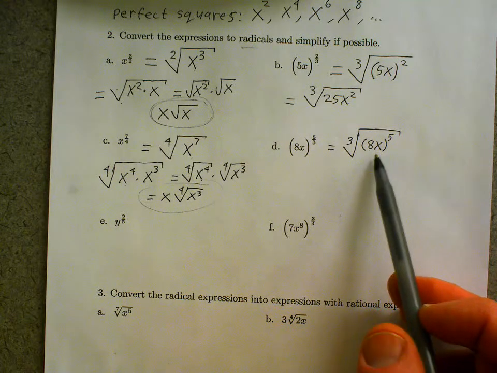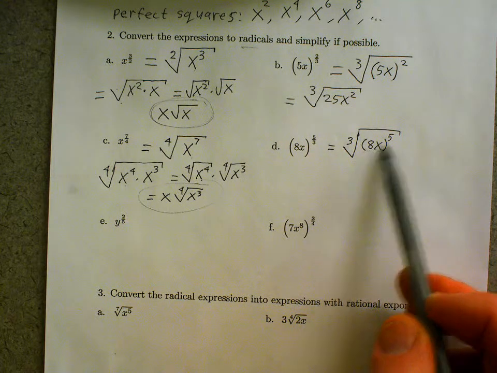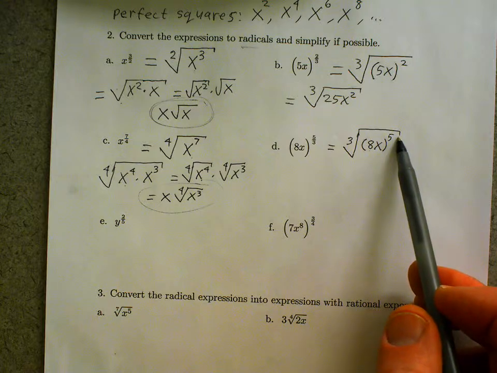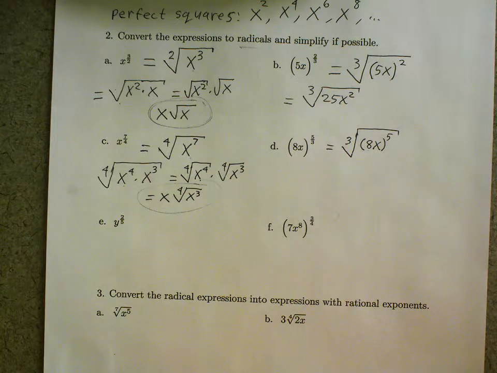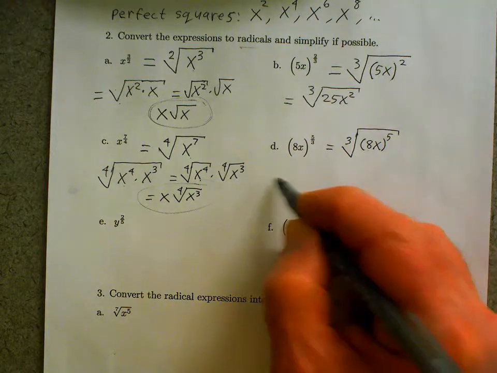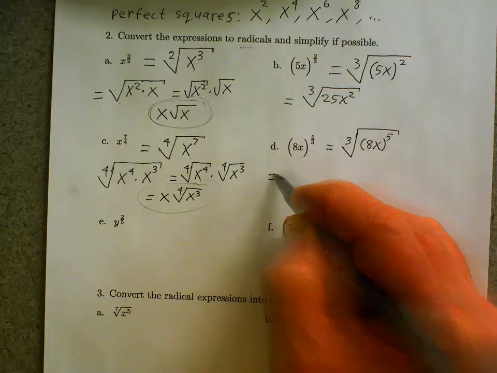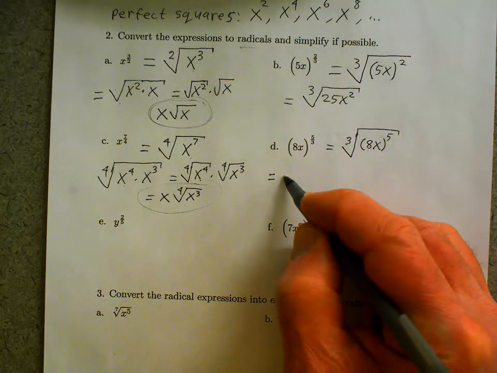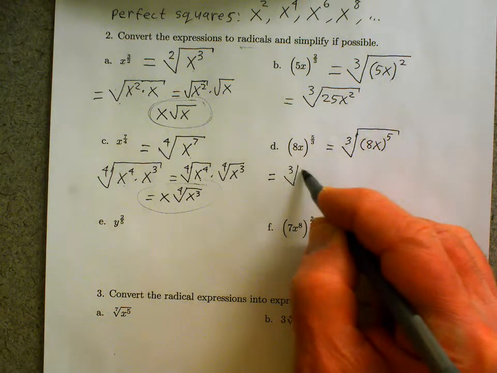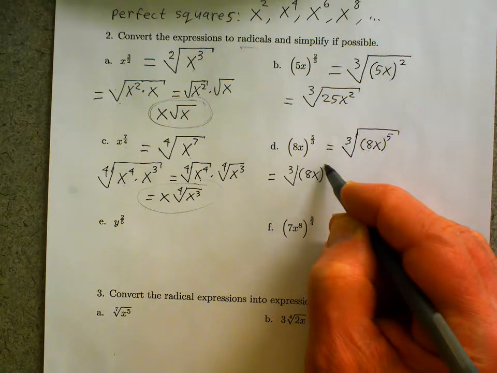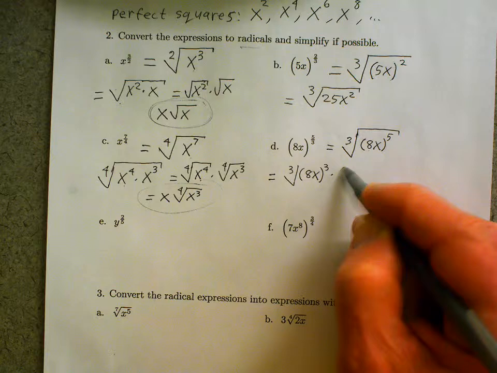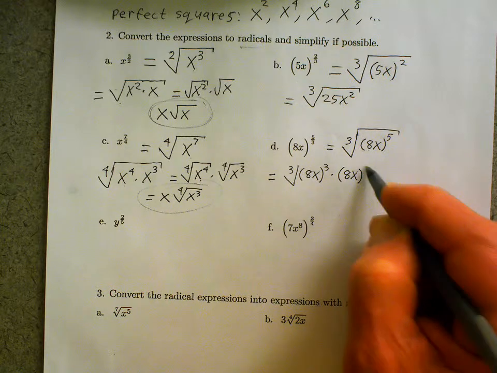And the largest factor of 8x to the 5th that is a perfect cube is 8x to the 3rd. So let's rewrite this as the cubed root of the term 8x to the 3rd times the term 8x to the 2nd.